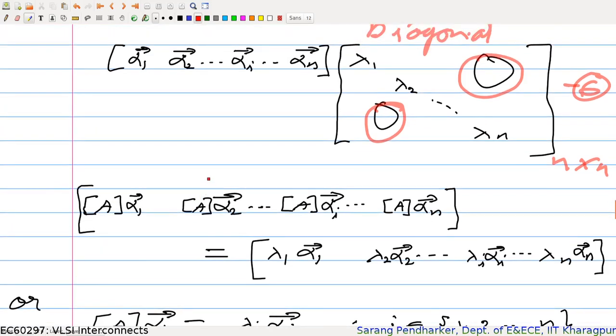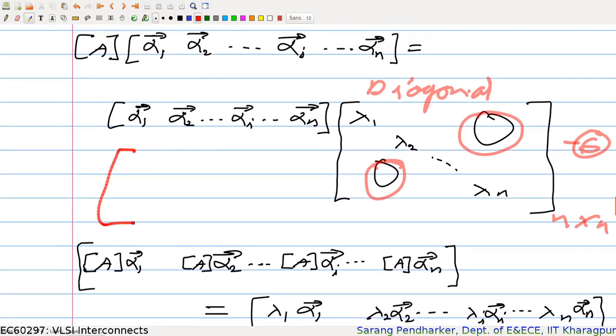And similarly here, if I multiply, just to show you, this was P11, P21 going on till Pn1, and this was P12 through Pn2, and so on. If I just multiply this by lambda, all the other terms are 0.